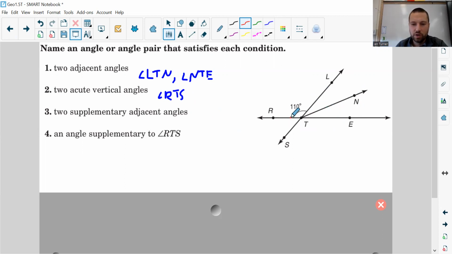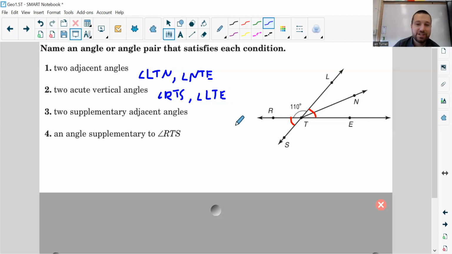So if we were to draw what RTS was congruent to, it'd be this whole bit, okay? RTS and LTE are the two acute vertical angles.